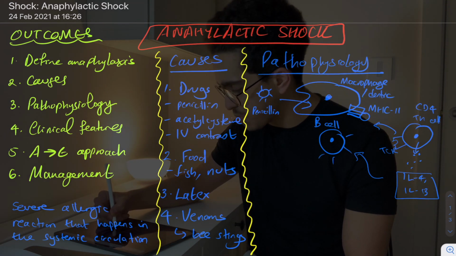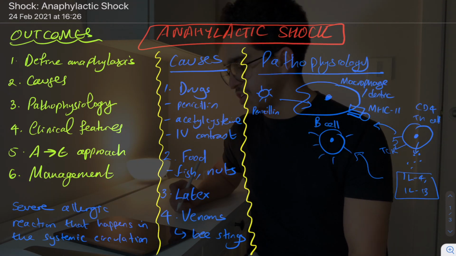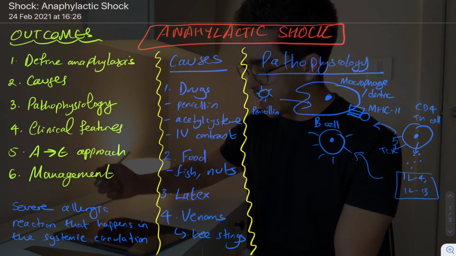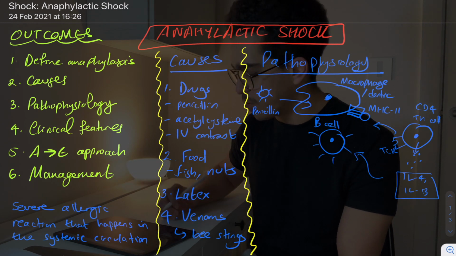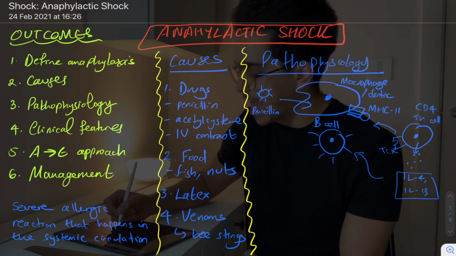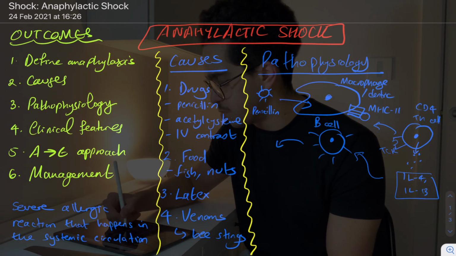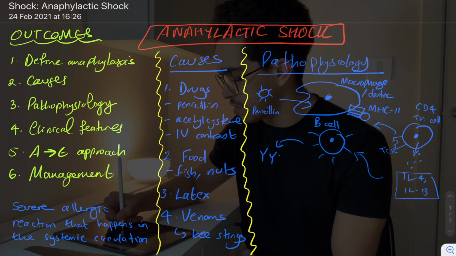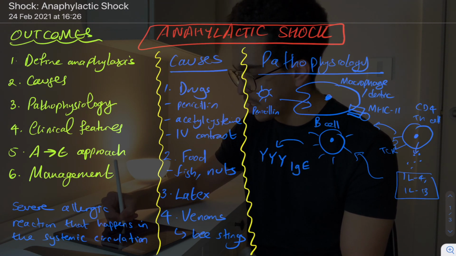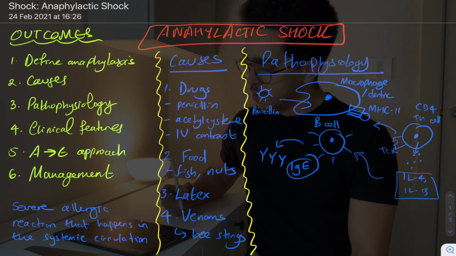When that B cell becomes a plasma cell, which is the active one, the plasma cell is gonna start releasing antibodies. What kind of antibodies? It's gonna release the IgE type of antibodies.